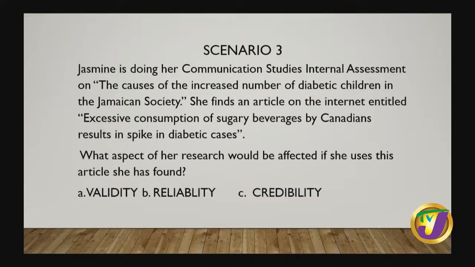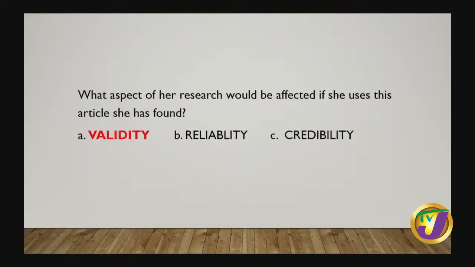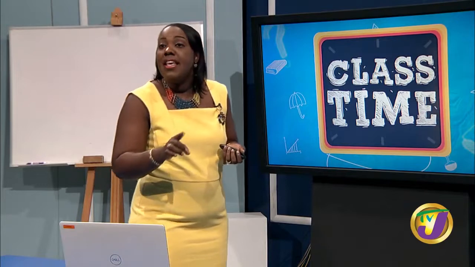Let's look at the question, guys. Diabetic children in the Jamaican society. And what's the article she found? Yes, diabetic cases, Canadian context. What is affected here? So it is the validity. So the information does not exactly relate to her research question.